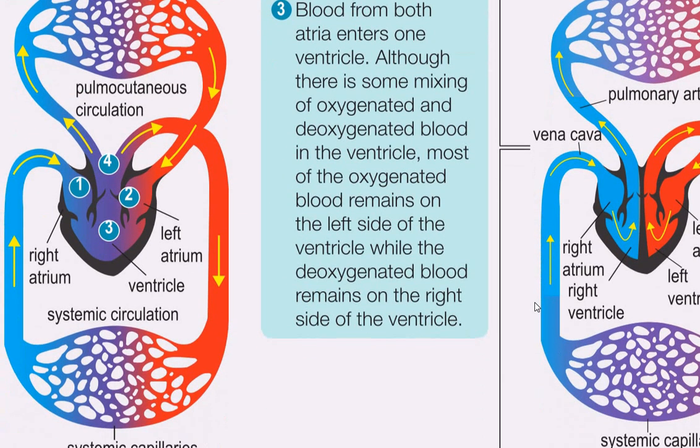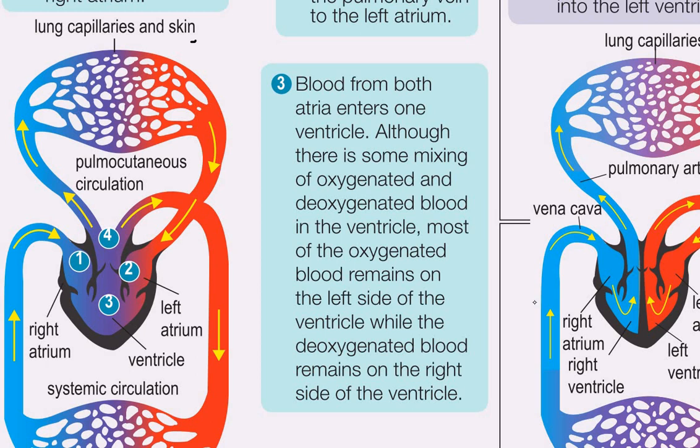So number 1, we start with number 1 here. What should happen? The blood from the systemic circulation is deoxygenated blood here, and it will be transported back to the right atrium.